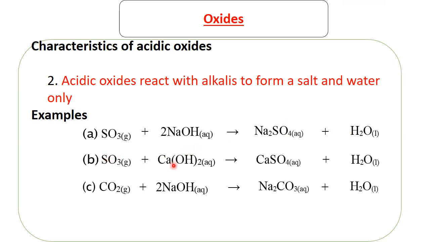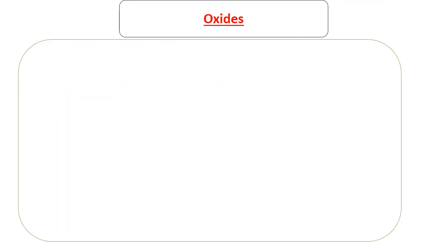Again, sulfur trioxide reacts with calcium hydroxide. Calcium hydroxide is a base. What is formed is calcium sulfate and water. Calcium sulfate is a salt. Carbon dioxide reacts with sodium hydroxide to form sodium carbonate, which is a salt, and water. So these are the neutralization reactions that involve acidic oxides.